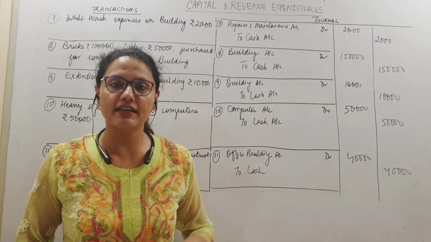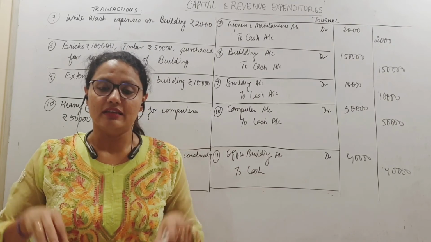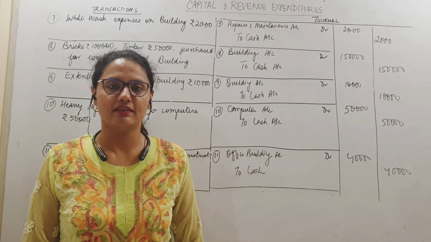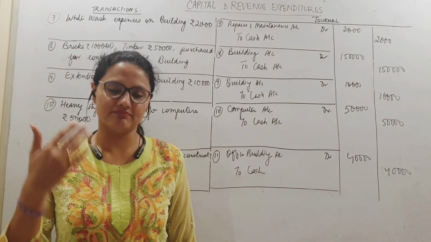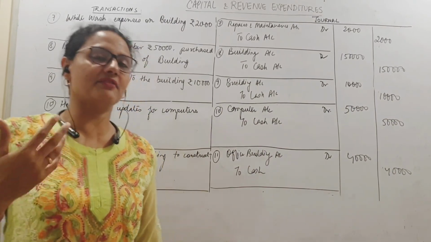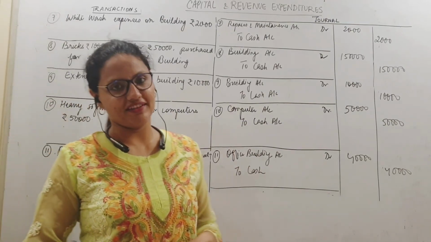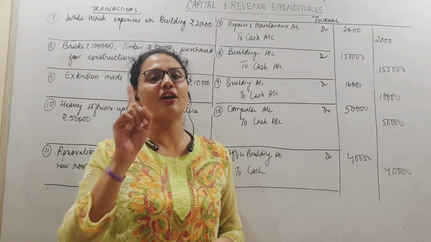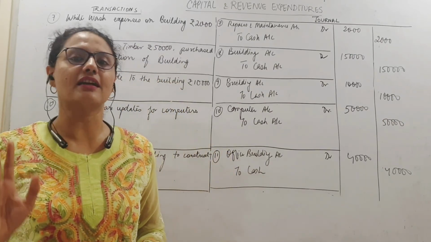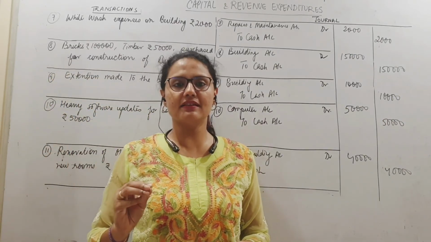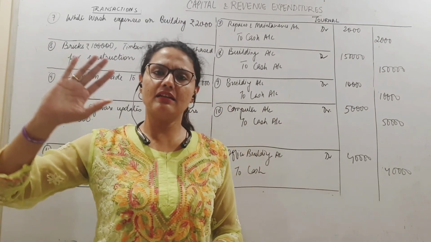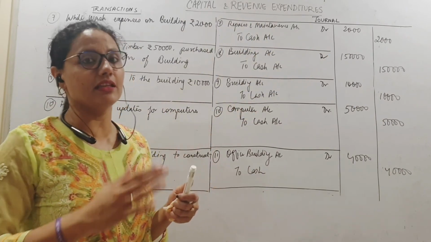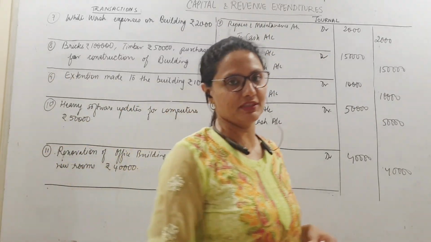If we treat a capital expenditure as a revenue expenditure, this current year's profit will be wrong, and similarly other errors, which you will appreciate as and when we go towards calculation of profit. Right now you should know that we have to follow the going concern concept, which says that the business is going to run for many years. Therefore, we need to differentiate between short-term expenses and long-term expenses.